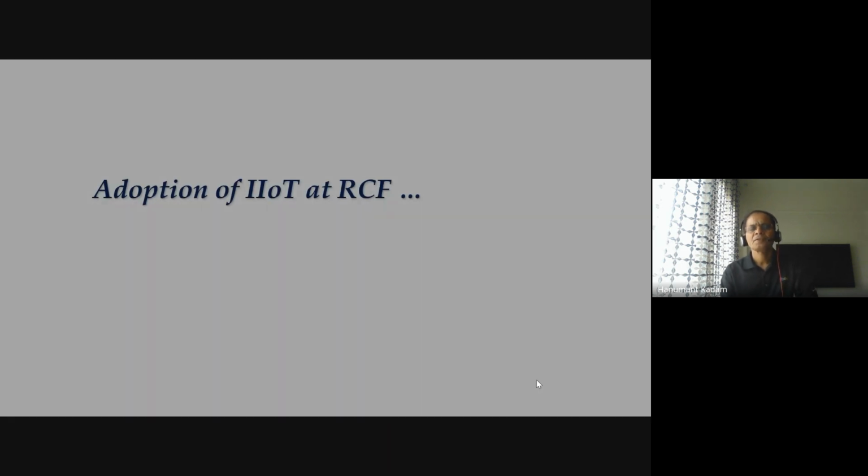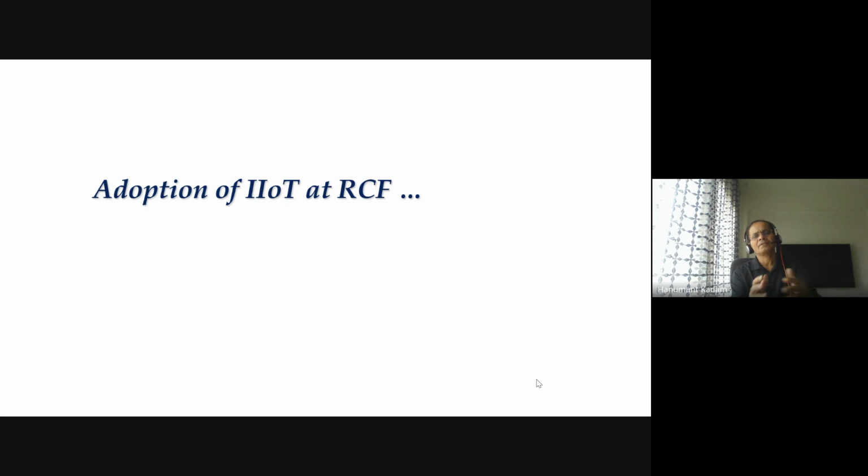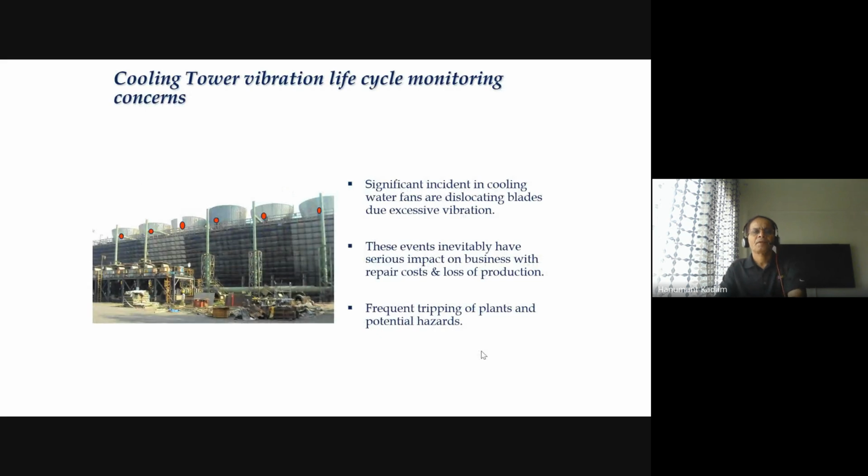So see here, adoption means how RCF has implemented this wireless vibration setup. RCF, as you know, with its ammonia plant and urea plant, is a big chemicals and fertilizer setup in India, and there is a basic requirement of water for chemical processes, as well as for boilers and many other things.